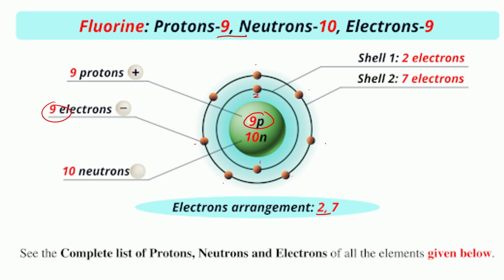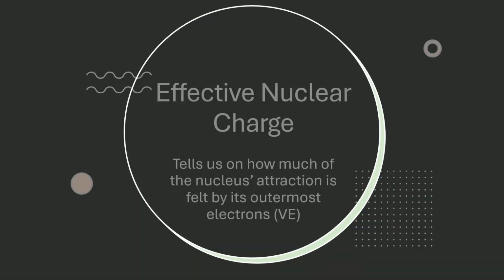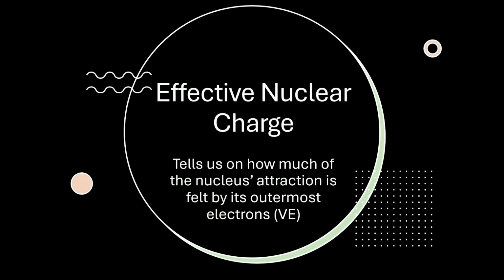Our protons are positively charged particles attracted to their oppositely charged particles, the electrons. So between a proton and an electron, there is an attraction. Let's take a closer look at what an effective nuclear charge is. In simpler terms, it tells us how much of the nucleus's attraction is felt by its outermost electrons.